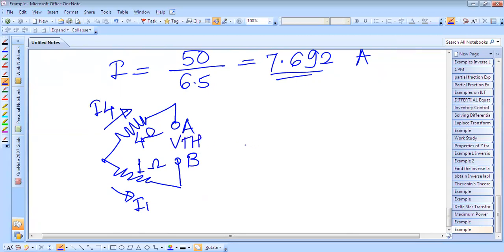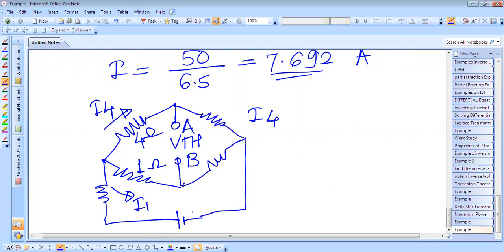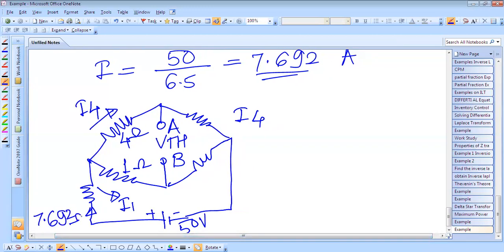So this I4 we can calculate because we know the total current. Total current we have just calculated, it is 7.692 ampere. Okay, we have calculated this current.